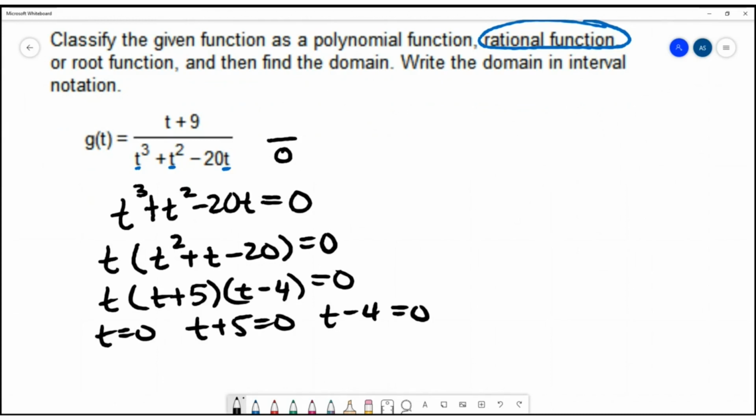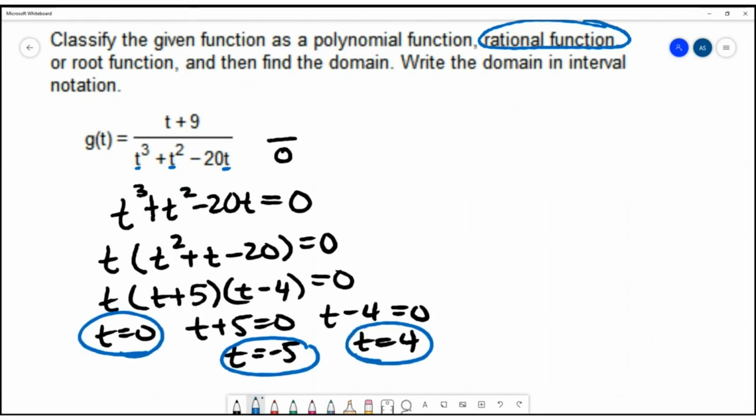And t equals 0 is already solved. T plus 5 equals 0 becomes t equals negative 5. T minus 4 equals 0 becomes t equals 4. And these are our restricted values, 0, negative 5, and 4.